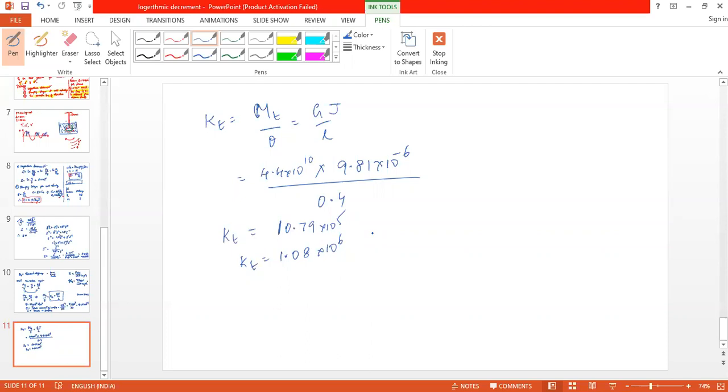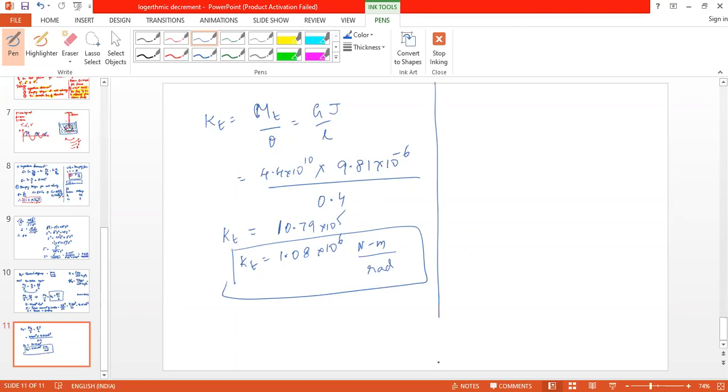What is the unit? Newton meter per radian. Okay, so this is KT.